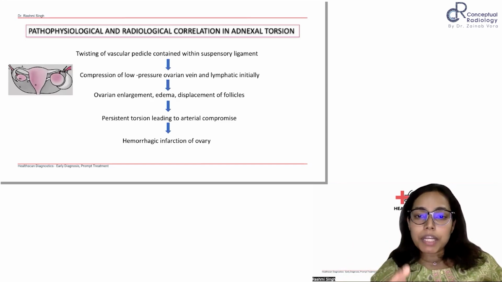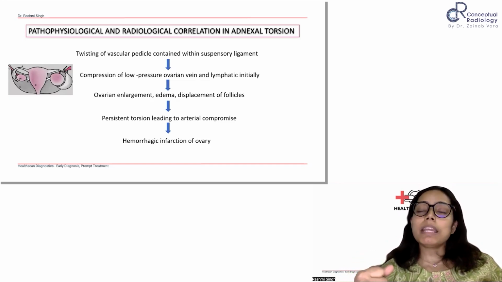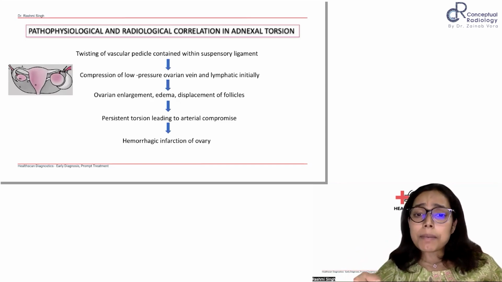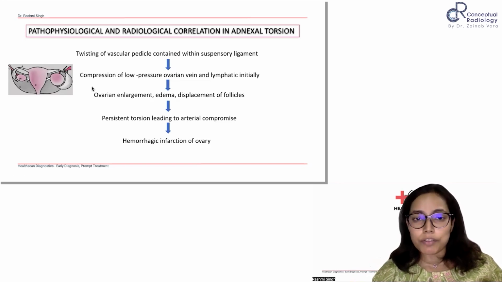Because of the edema, the follicles will be displaced to the periphery. If there is persistent torsion, the pressure will keep increasing within the ovary and the twisted pedicle. This will further cause arterial compromise, and once there is arterial compromise, this will lead to infarction of the ovary.